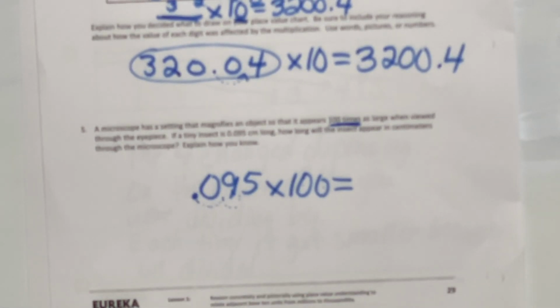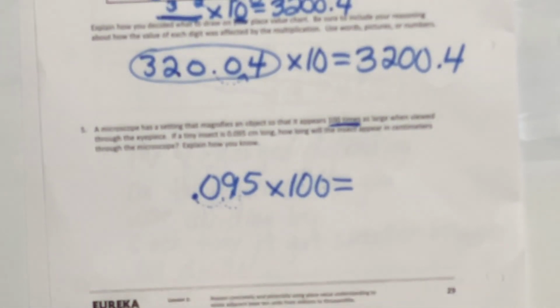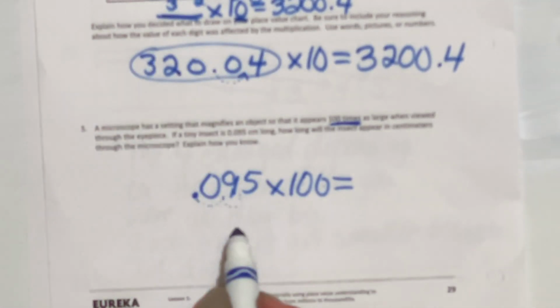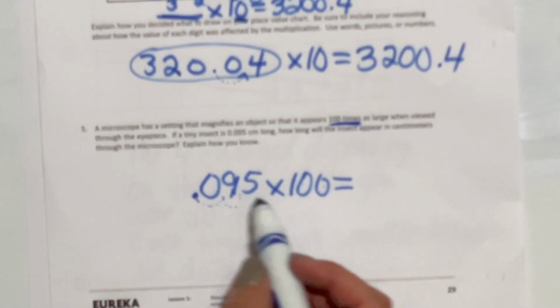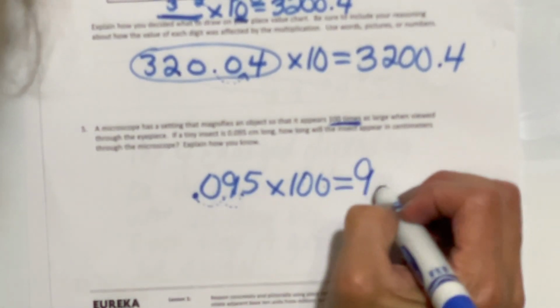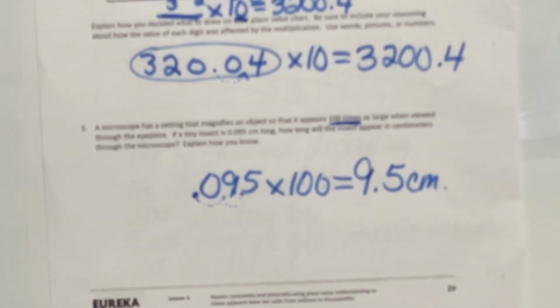I could also do it in a chart. I don't have a chart written down here, but if you like the idea of writing a chart, you can always get out the place value chart from inside your desk and actually move it 2 places over, just like we did up above. Okay, so if we move it 1, 2 places, we've got 9 and 5/10 centimeters.